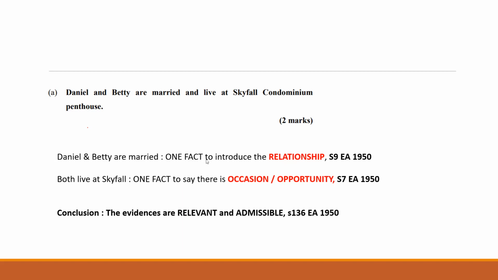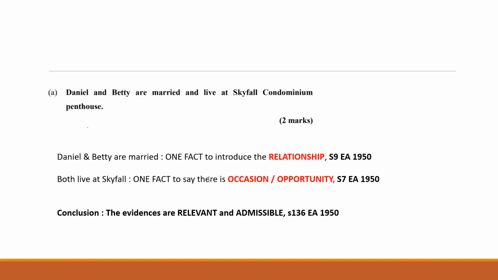One fact actually here. So you be a bit sharp, like an eagle, the bird. To introduce the relationship of Daniel and Betty, under section 9 Evidence Act, and both live at Sky 4.